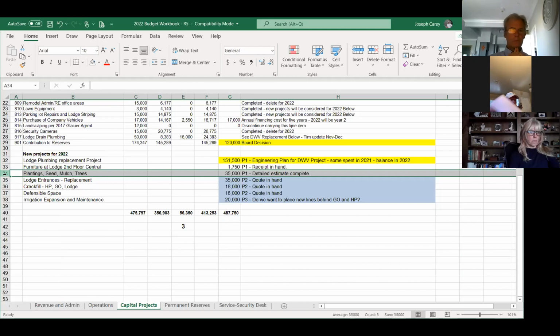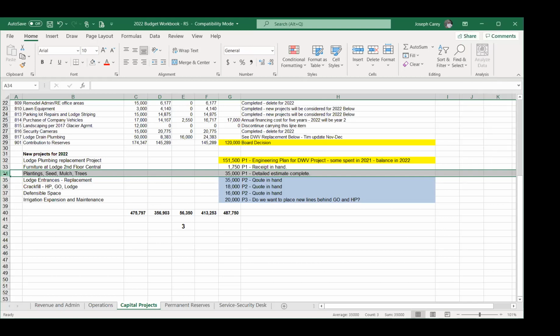But Taryn and I and Lisa developed detailed lists of the plantings, of the volume of mulch, of the prep work, of the rock work. This number does not include the labor for us to do this work. I've got that in my salaries line item, which is where it should be. So this is the 35,000. This is materials.